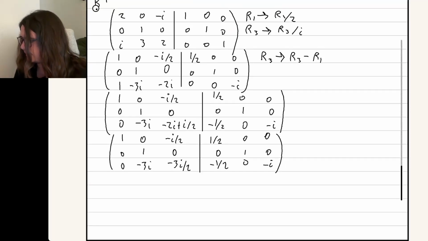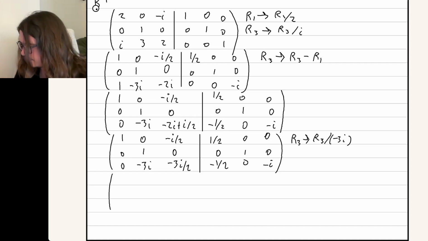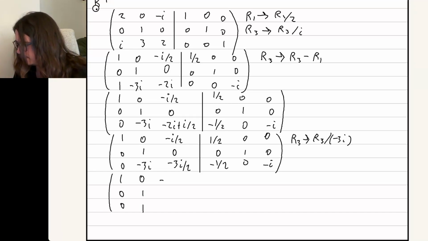Now I'm going to scale row 3 again. So I'm going to take row 3 to row 3 over minus 3I, which is going to change this leading term to 1, and then we got I over 2, 0, and then just 1 half here.